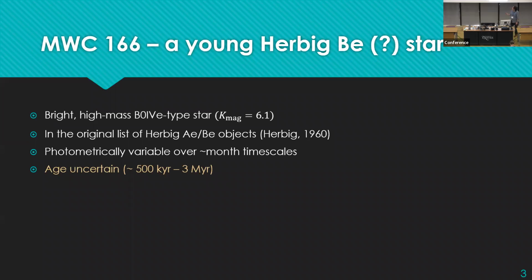And most importantly, we don't really have any idea of how old this star is. We know it's found in the Canis Major OB association, and there are indications that supernovae may have triggered star formation there between 500,000 years ago and 3 million years ago, but beyond that, it's not really entirely established.